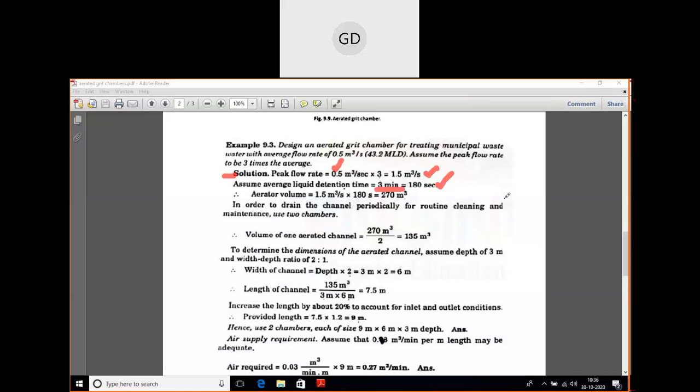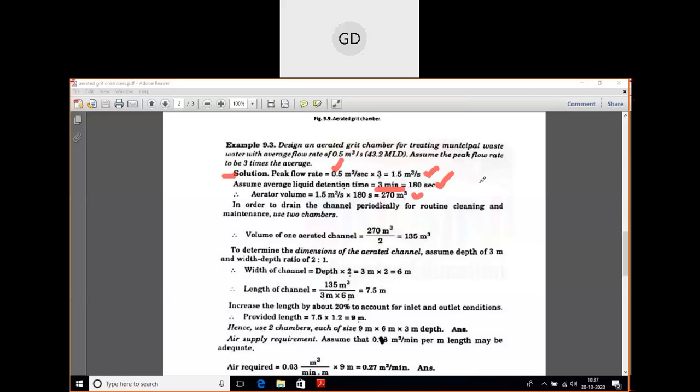Now they are finding the aerator volume. You multiply the peak flow rate and the detention time, and get 270 meter cube. In order to drain the channel periodically for routine cleaning and maintenance, use two chambers, because if one chamber is being cleaned, the other should be in operation.